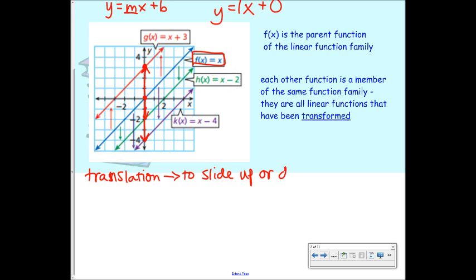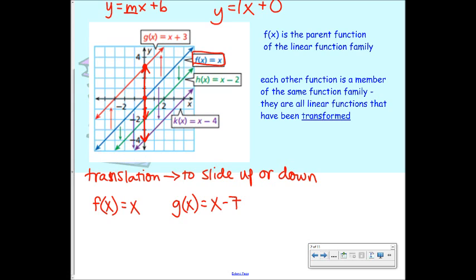So the way you would get this on a test or a quiz would be something like this. F of x equals x, g of x equals x minus 7. And I would say, describe for me the transformation. There's two ways you could do it. You could either graph them, or you can look at the equations and know what transformation happened.